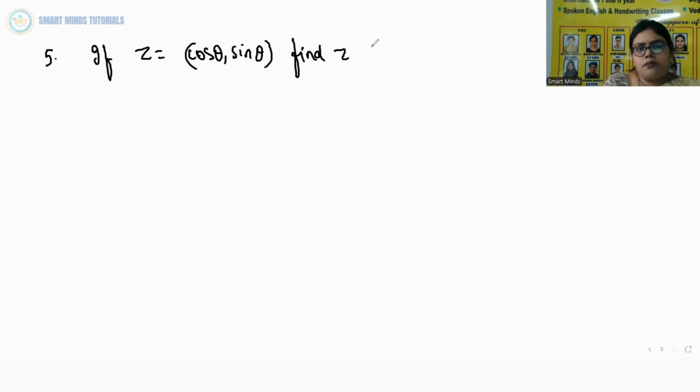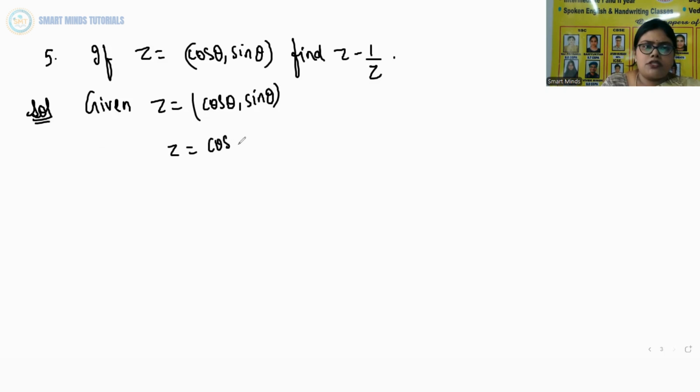Take the next question, the fifth one. If z is equal to cos theta comma sin theta, find z minus 1 by z. We have seen the same question in complex numbers also. So it's given z is equal to cos theta plus i sin theta.